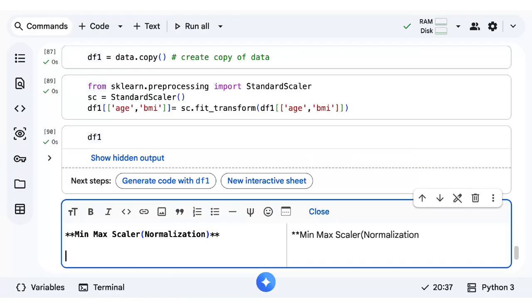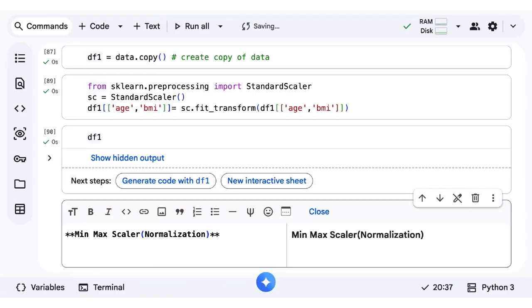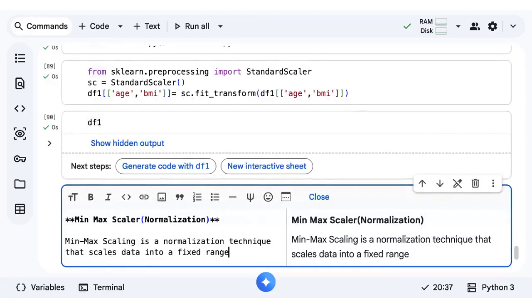Min-max scalar, in the sense, again converts everything to a range of 0 to 1. It's a normalization technique that scales data into a range of 0 to 1. All the values in a column will lie within a range of 0 to 1.